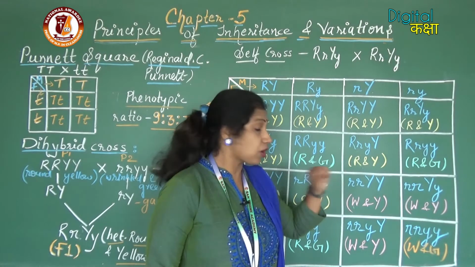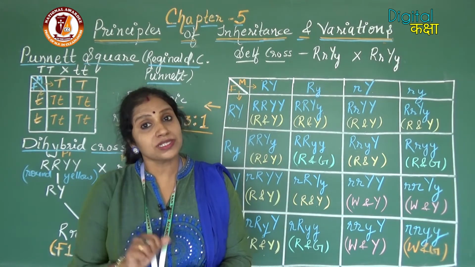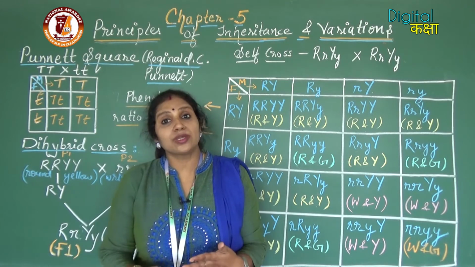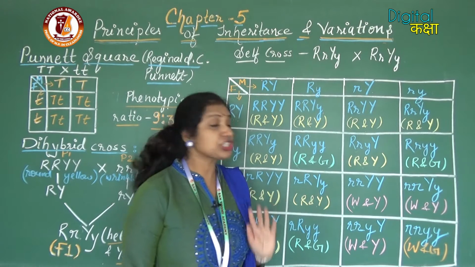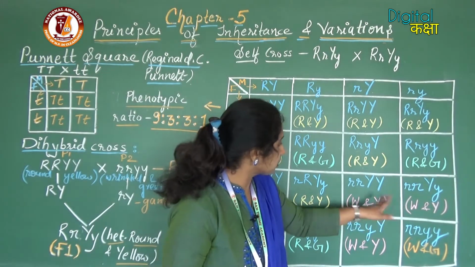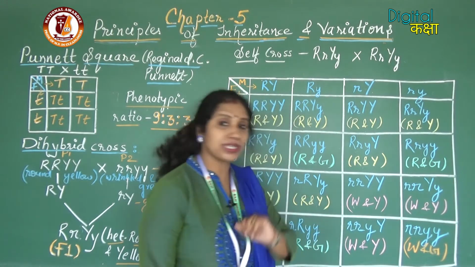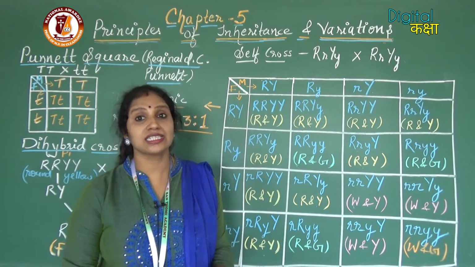As the 2 small r's are there, that means it is a recessive trait in homozygous condition and it will be expressing itself. So how many combinations of wrinkled and yellow seeds are there? 1, 2 and 3. So 3 combinations of wrinkled and yellow seeds.